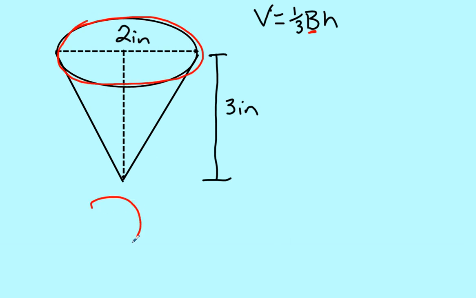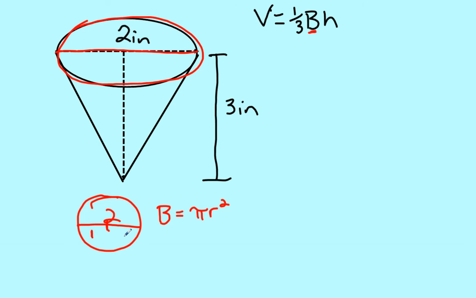So if we redraw our circle, perfect circle, and we know it has a diameter of 2. Anytime it gives you a length and a line drawn all the way across, we know it's saying diameter. But the area of a circle, that formula is just pi r squared. So we don't want diameter, we want the radius. So we take our 2 and we split it in half.